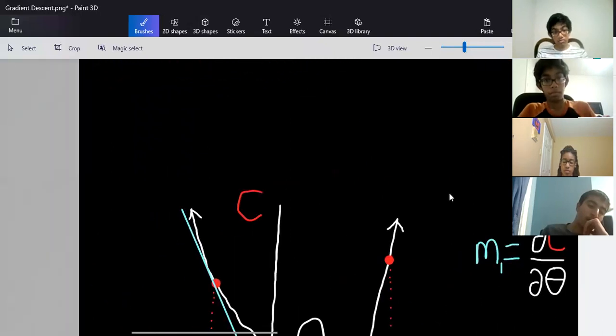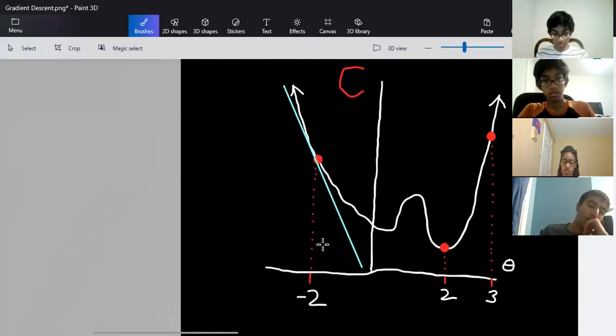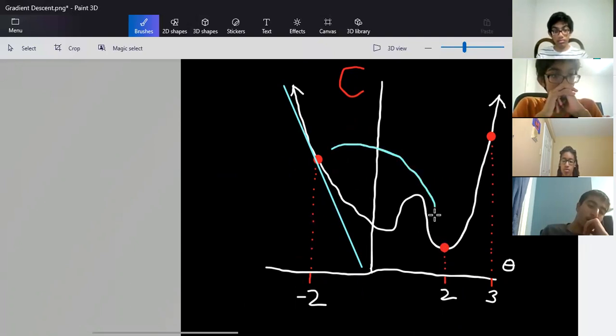And that has an interesting implication, because look at the place this point is relative to the lowest point. Because that's where we want to go, right? We want to go from this point to this point. So this point needs to go more to the right. The way that's going to happen is if theta increases.